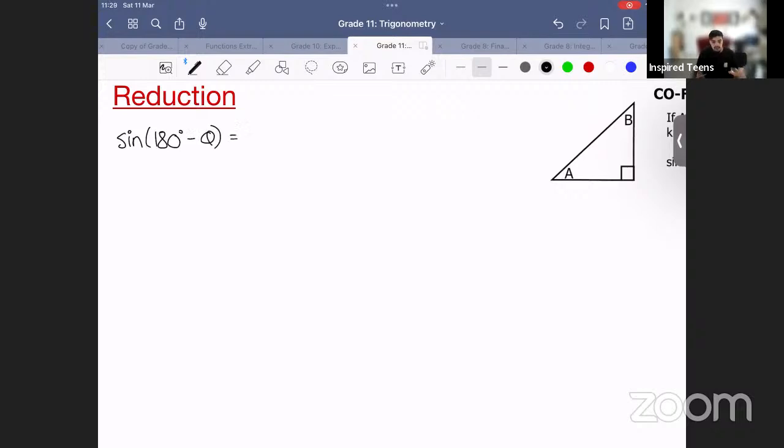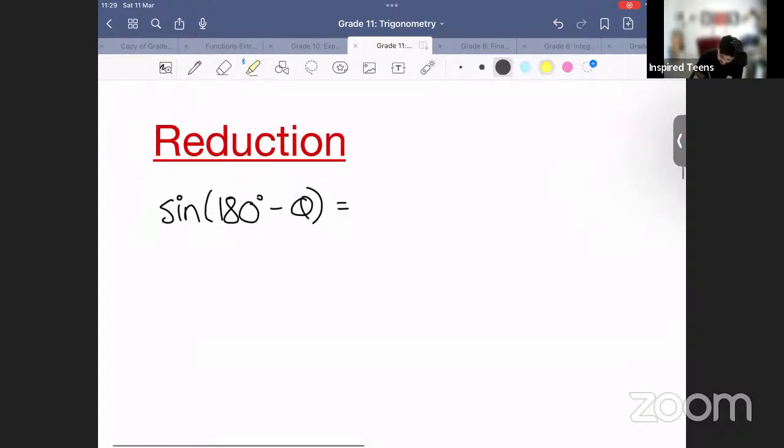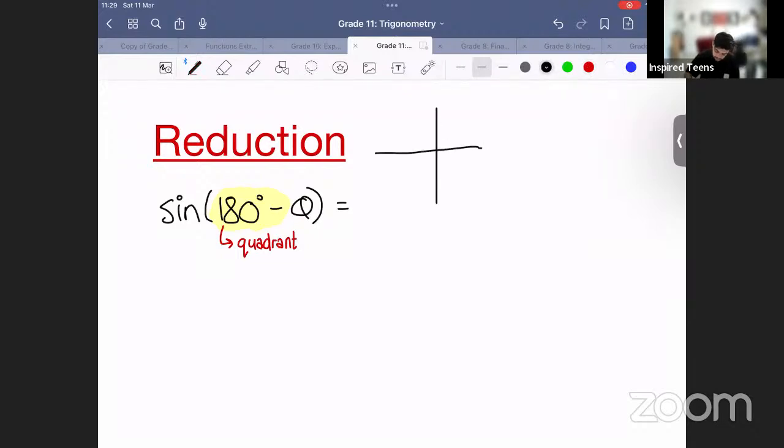So let's explain reduction. Reduction is when we have a reduction angle. Our reduction angle in this case is 180 minus this entire thing. This helps us to determine which quadrant we are in. Now, your CAST diagram, you should know it at the back of your hand. What I used to do, feel free to just throw a little CAST everywhere. So C-A-S-T, just to remember it. Now you don't have to sit and think and use your brain. If you just throw it there, you can refer to it.